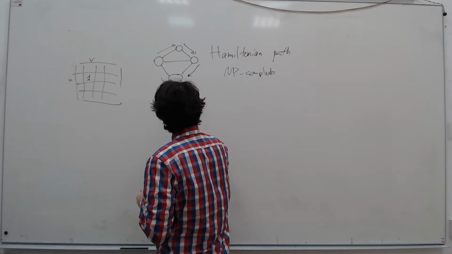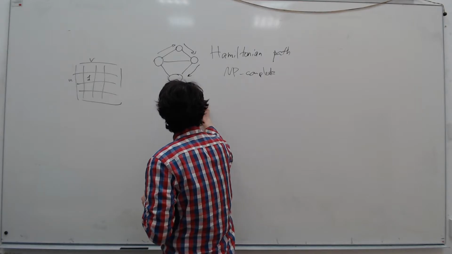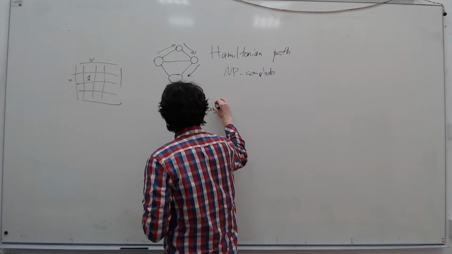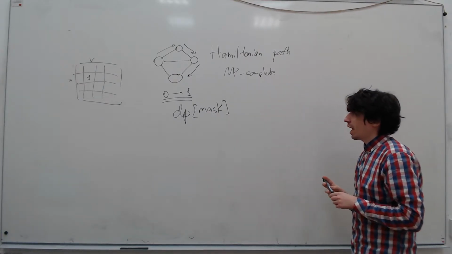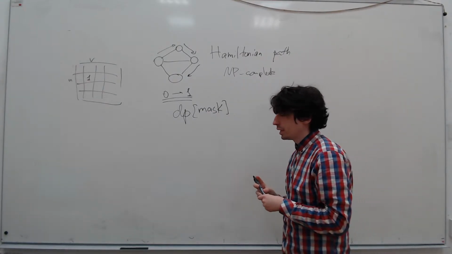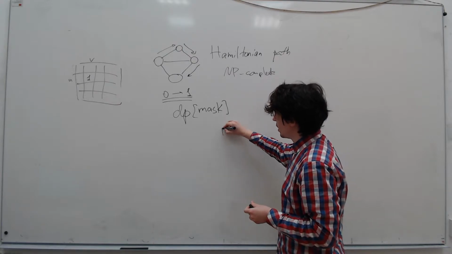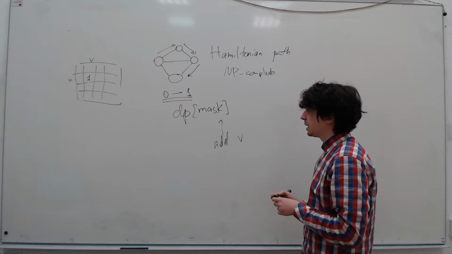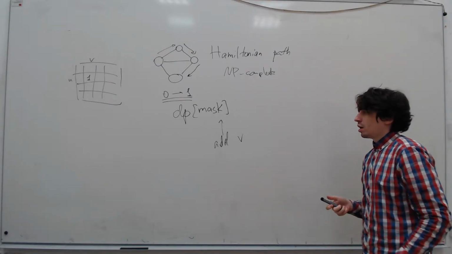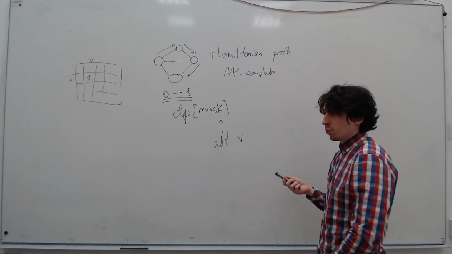Okay, it is almost true. So dynamic programming will be on the mask, and you add a new vertex v there, right? But when can we add the vertex v there?